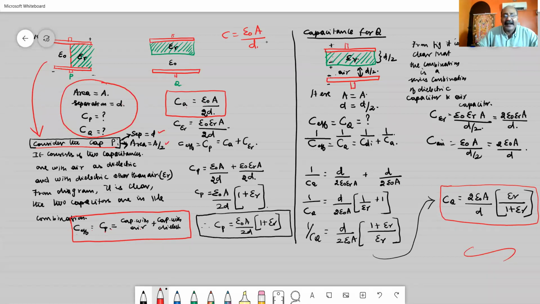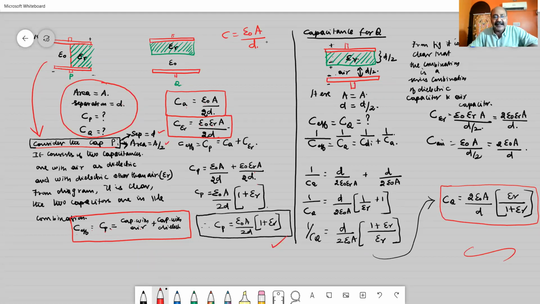Similarly, considering the capacitor with the dielectric of dielectric constant epsilon r, C of epsilon r equals epsilon 0 epsilon r into A by 2D. The effective capacitance is the sum of the two. So Cp equals epsilon 0 A by 2D plus epsilon 0 epsilon r A divided by 2D. Adding them, we can get the final answer.